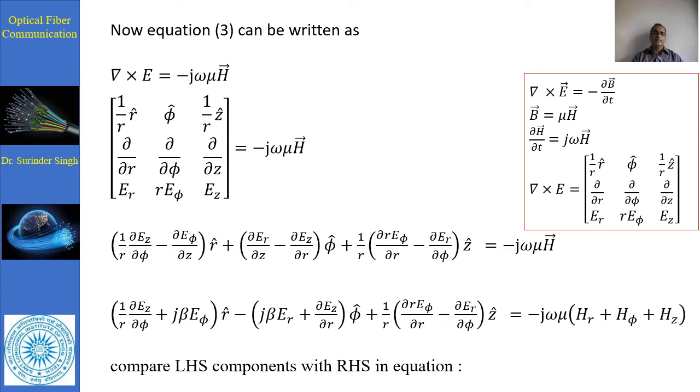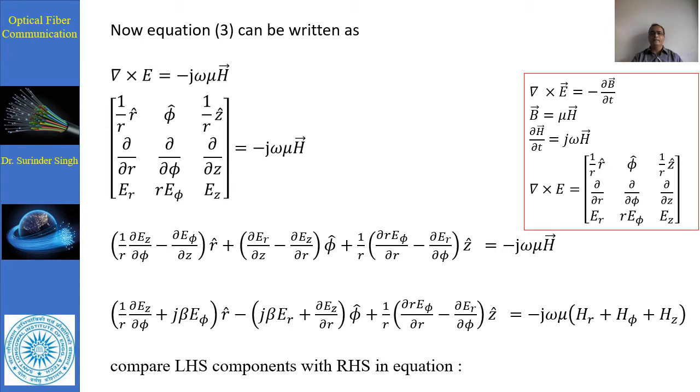Now we have the standard Maxwell equation, the third, which is del cross E equal to minus dB upon dt. This value is equal to mu times the value of H, which we have taken in the previous slide.